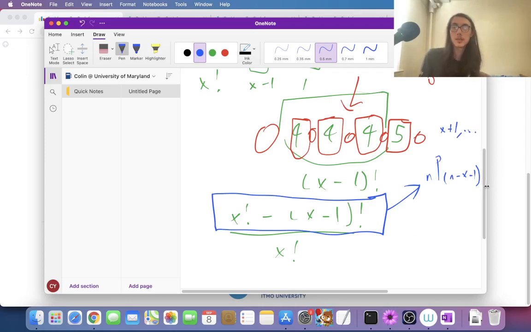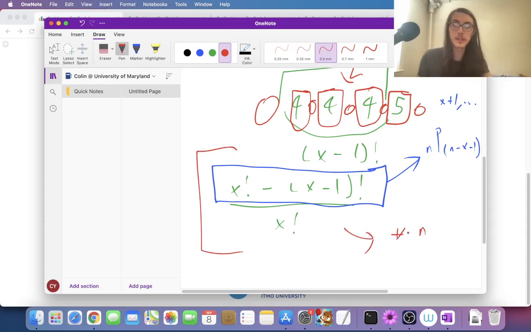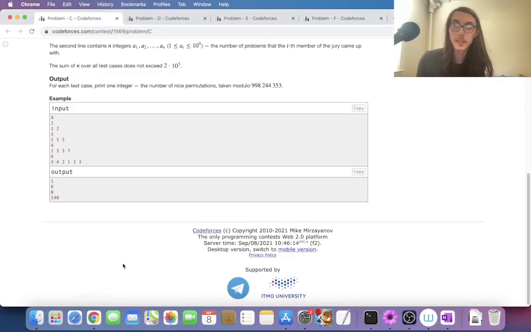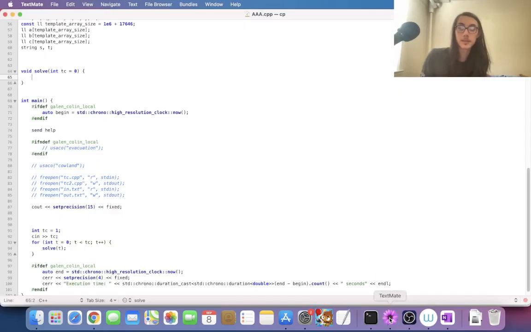And then this formula simplifies to whatever this ratio is times n factorial, because it's the ratio of things that work, and n factorial is the total number. That's what's happening: the ratio of things that work times n factorial.